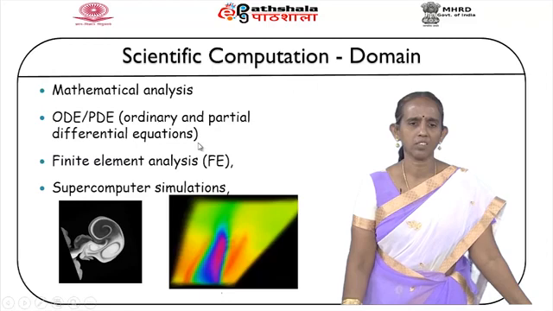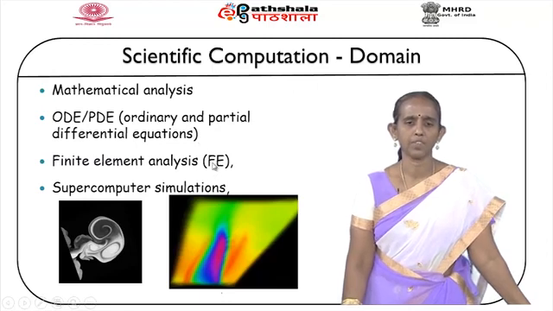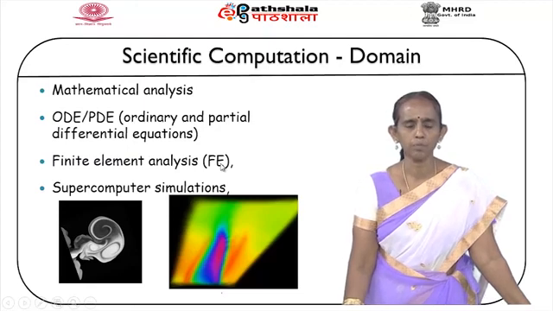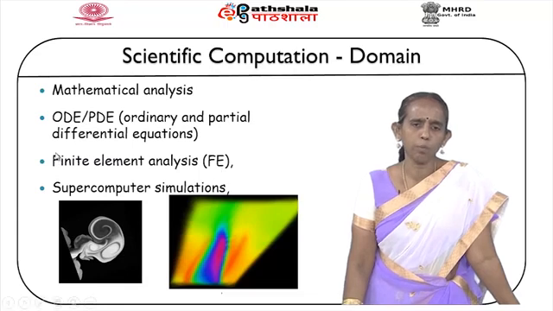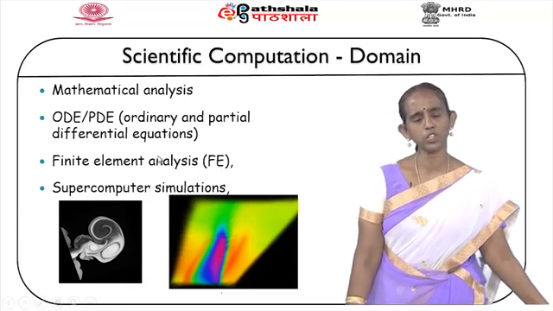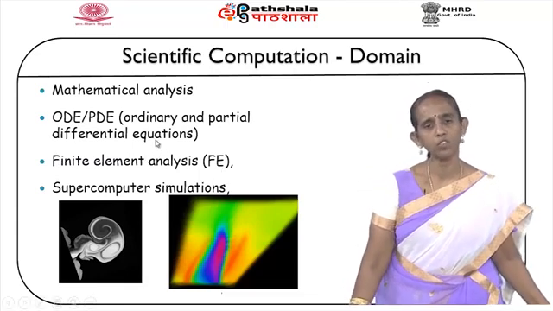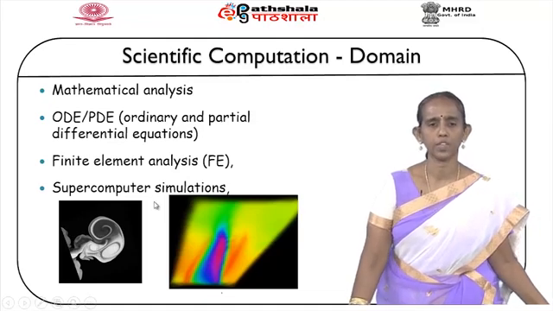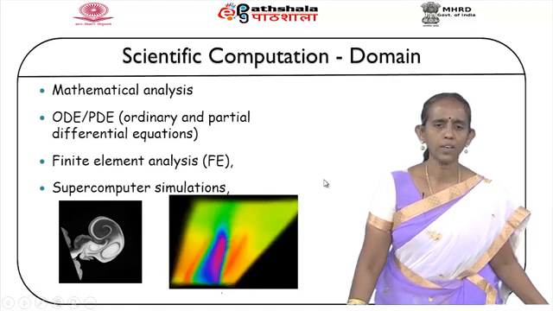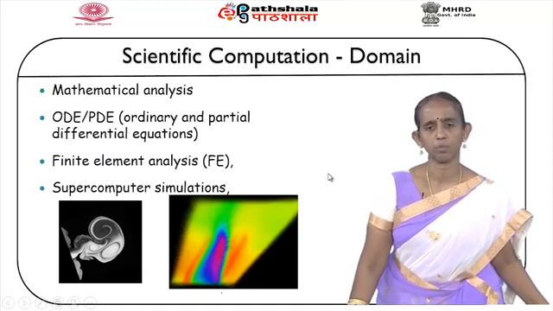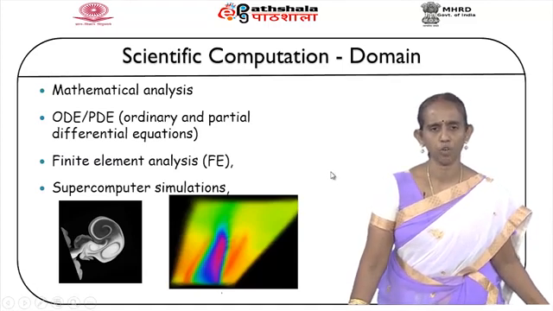Finite element analysis can also be better understood by the end user by showing it in the form of a visual. And then we have supercomputer simulations. Simulations can be performed using supercomputers, which can show the entire simulation in the form of a visual structure. By looking at these visual structures, it is possible for the end user to gain a lot of knowledge.